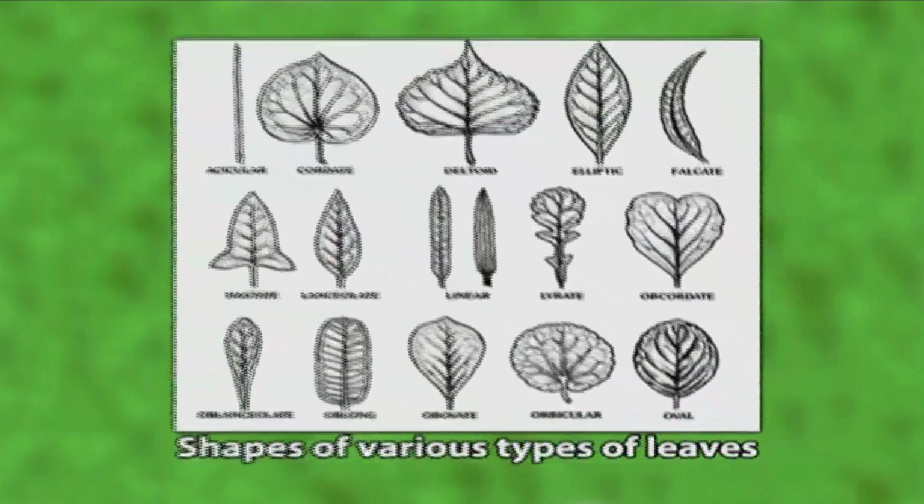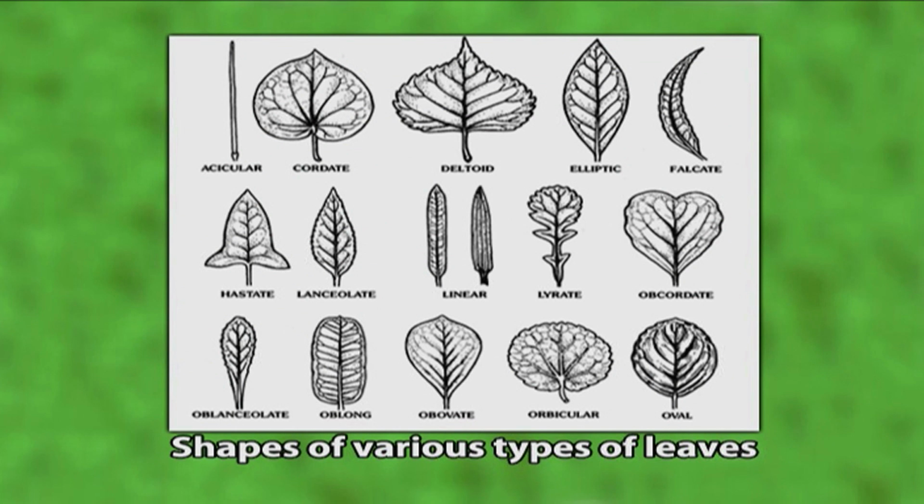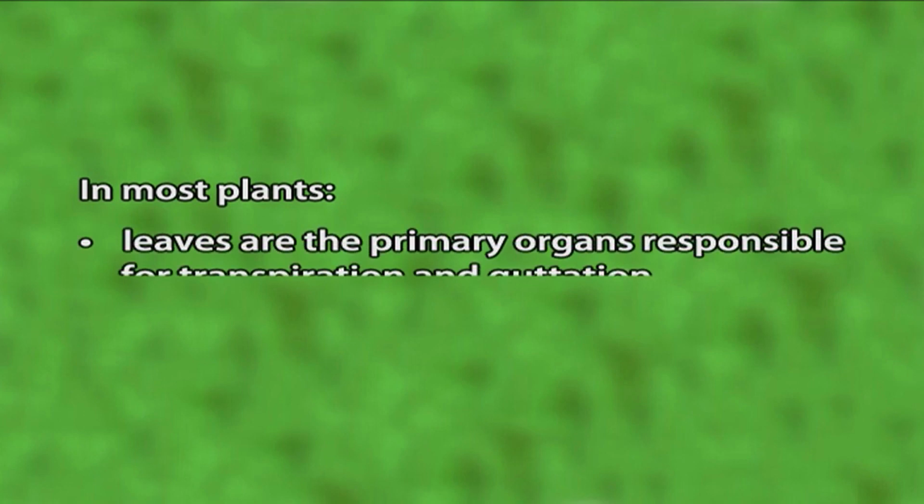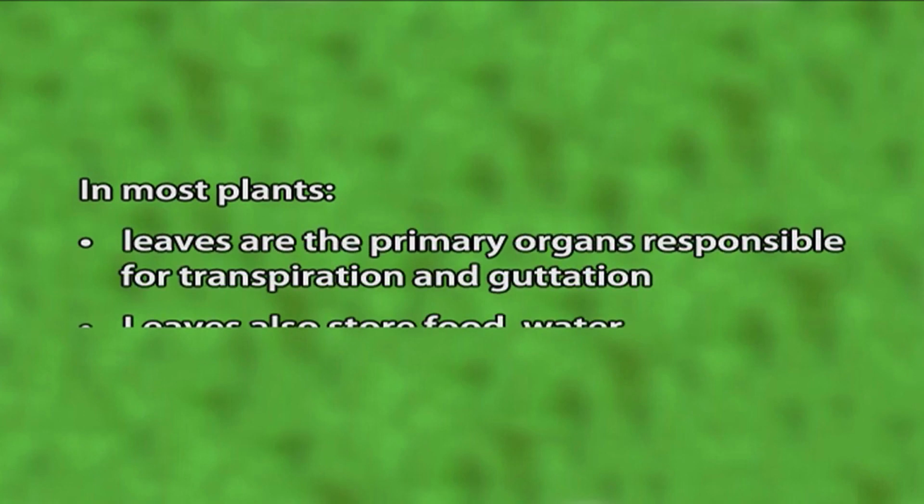The shape and structure of leaves vary considerably from species to species, depending largely on their adaptation to climate and availability of light. Other factors such as grazing, available nutrients, and ecological competition may also influence the shape and structure of leaves. In most plants, leaves also are the primary organs responsible for transpiration and guttation.